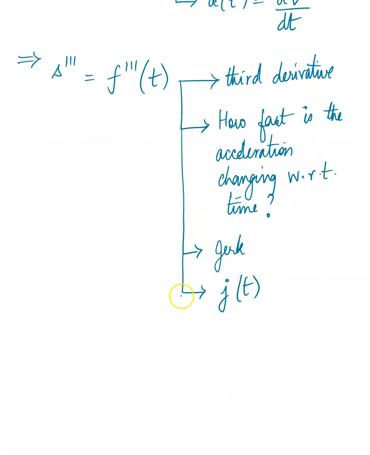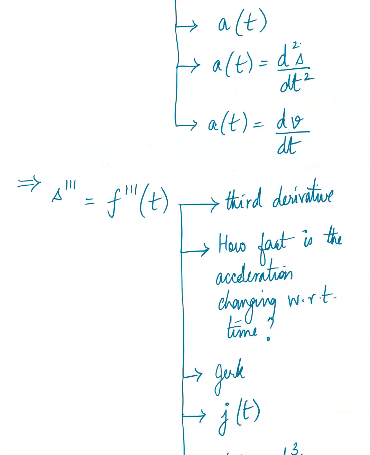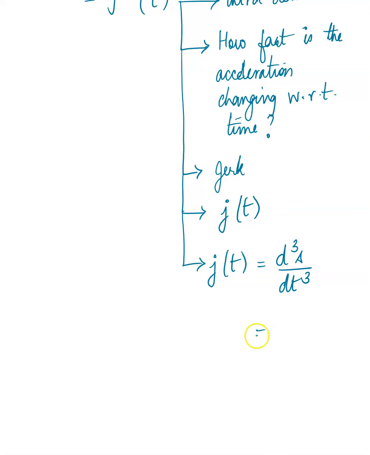And j of t can be written in so many ways. You can think of j of t as d cubed s over dt cubed, because it's the third derivative of the position. If you want a quick connection, acceleration is the second derivative, therefore jerk is the third derivative of the position. Or you could see it as the second derivative of the velocity, so it's d squared v over dt squared.